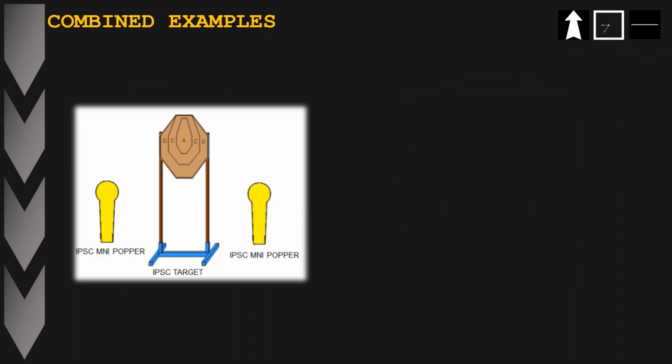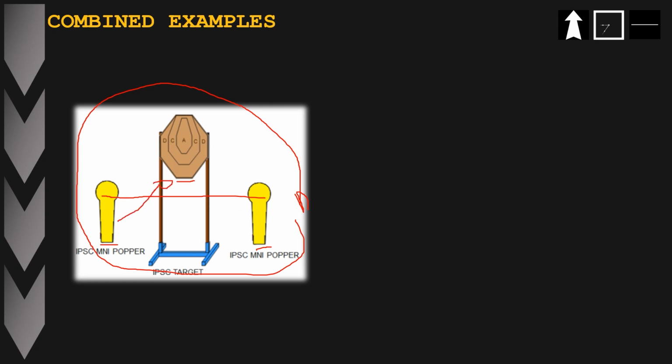In the next example, we have 2 mini poppers and 1 paper target. The mini poppers are located in the same horizontal line. We need to shoot in a clockwise manner, being right-handed, and then we need to work our way bottom up.